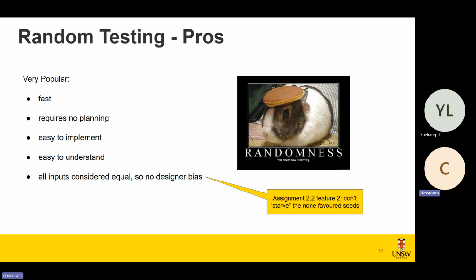When you do assignment 2.2, feature 2, we are using a priority queue for maintaining the seeds of the test cases of the gray box fuzzer. If you just don't select from the non-favored seeds, it is considered a designer bias here. So you should avoid this.